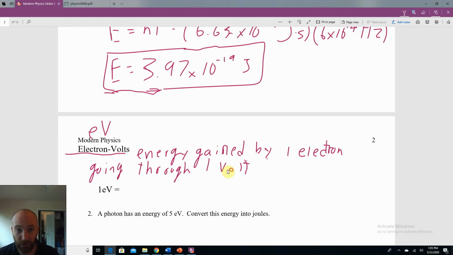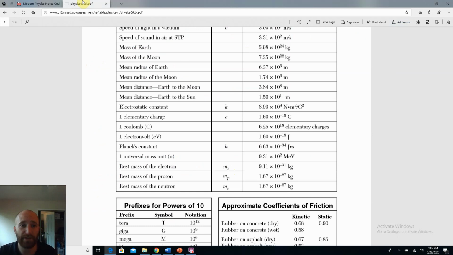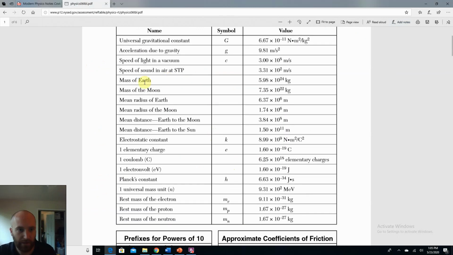Now this is a unit for energy, and what you're going to have to be able to do is convert back and forth between units. So basically, you'd have to be able to take, let's say this number right here, 3.97 times 10 to the negative 19 joules, and turn it into electron volts, just a different unit for energy. To do that, you'll need a conversion. 1 electron volt is equal to, now you do have this in your reference tables, front page, somewhere.